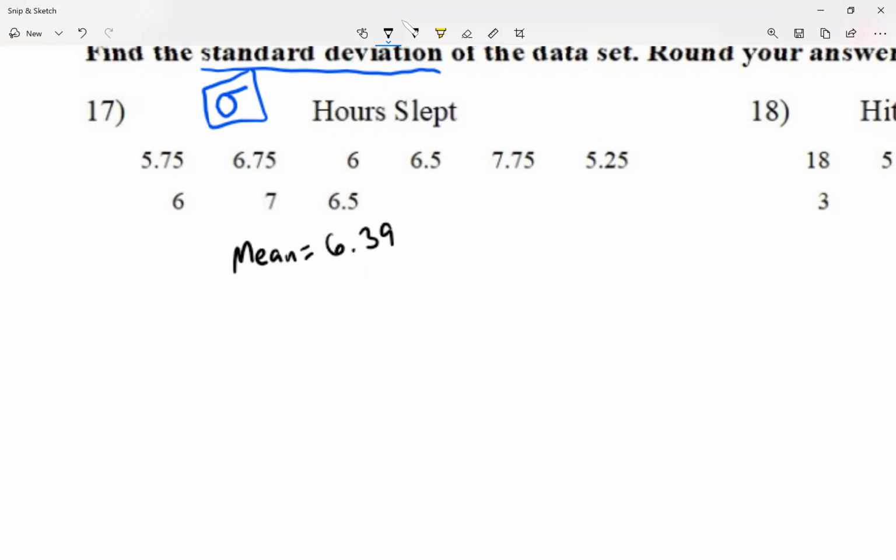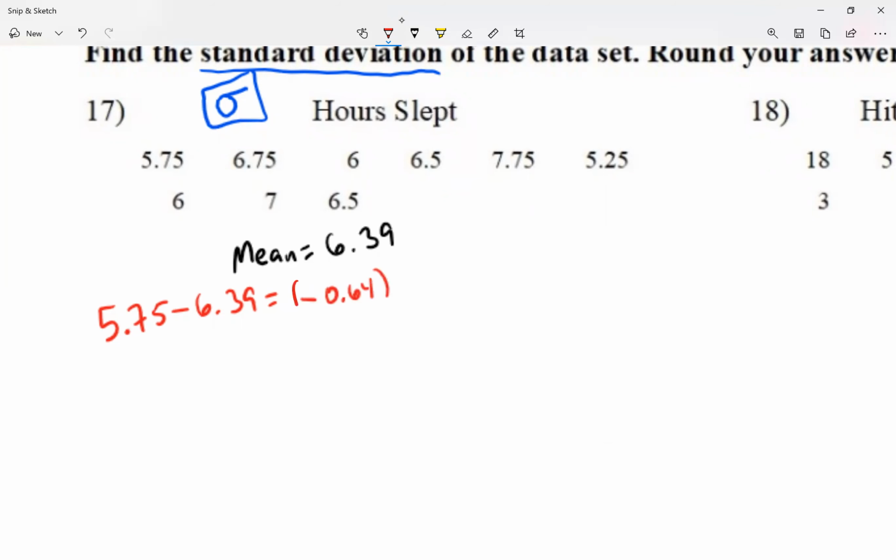I want to find the difference between each number and the mean. So I'm going to go 5.75 minus 6.39. I subtract this, and it gives me negative 0.64.